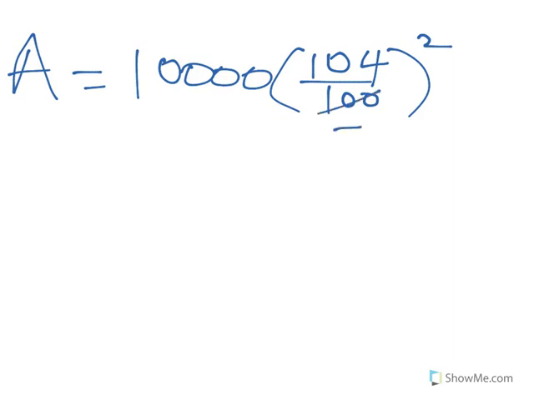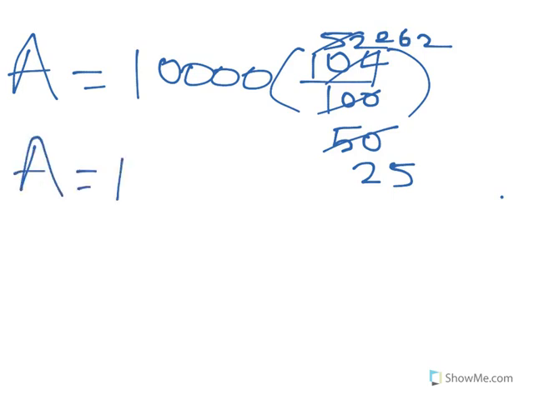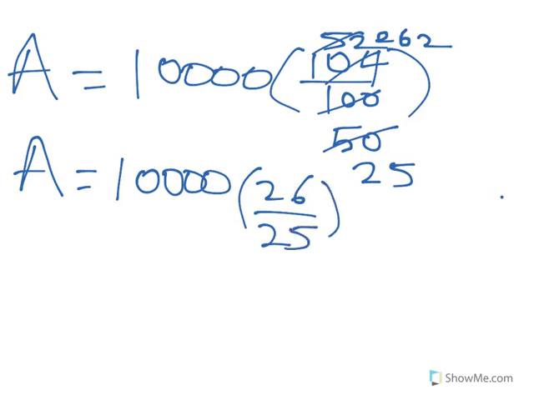So now divide by 2, I get 52, divide by 2, 26 over 25. Okay, so I'm going to write that again so it's clear. I have 10,000 times (26/25) squared.